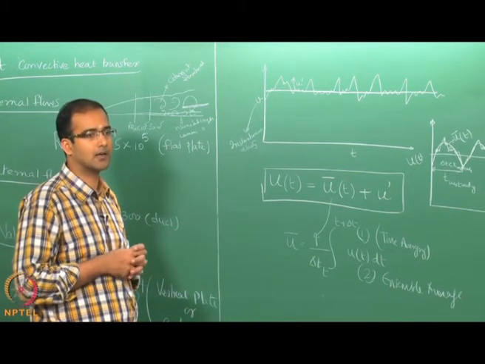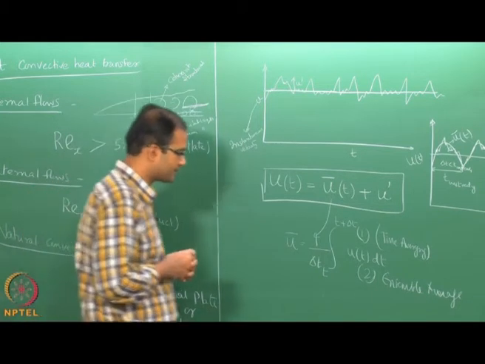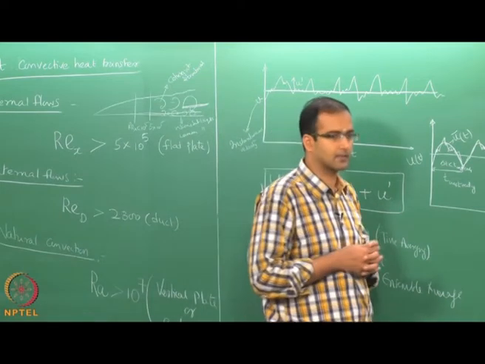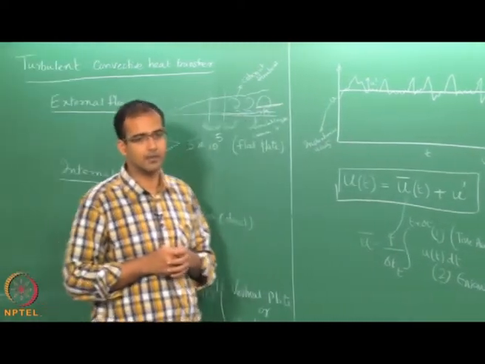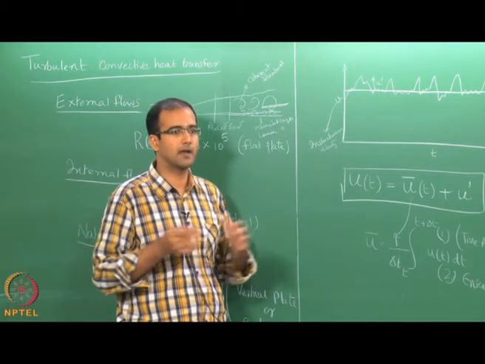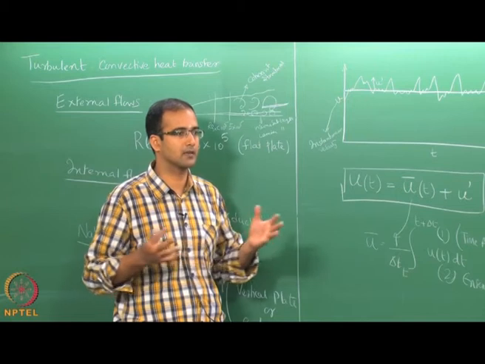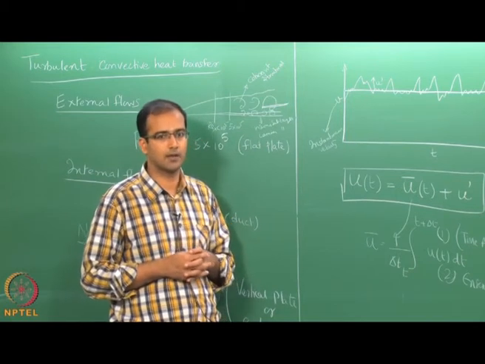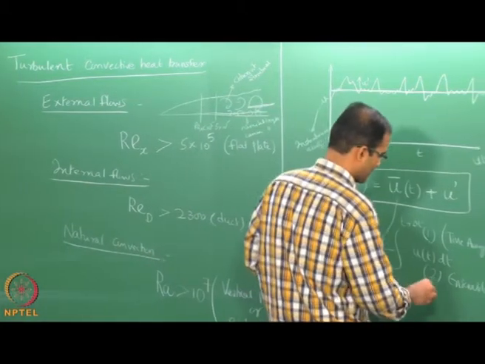That is called ensemble averaging. Anyway, for the simple cases, and also considering the incompressible flow regime, people say it does not matter whether you take a time averaging or ensemble averaging, they both lead to the same set of equations. So, we do not have to worry too much about this for incompressible flows.